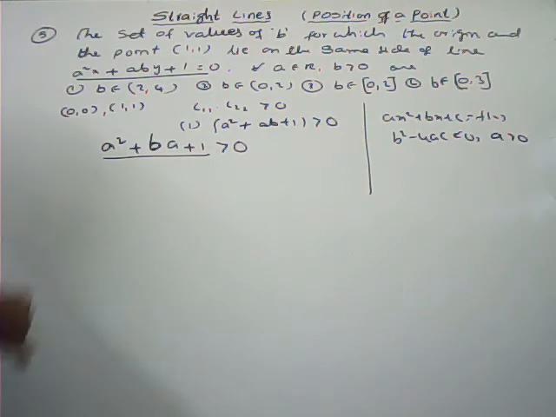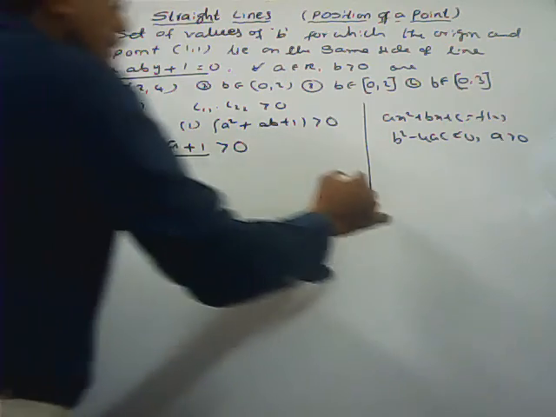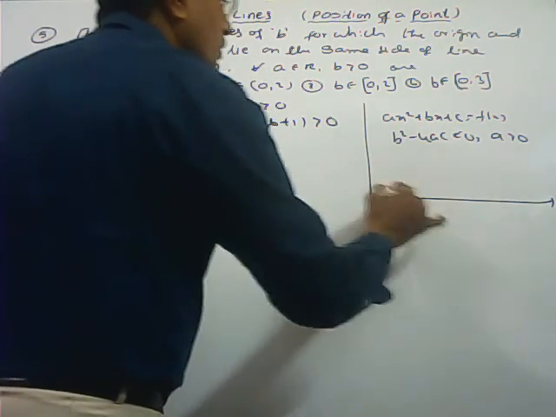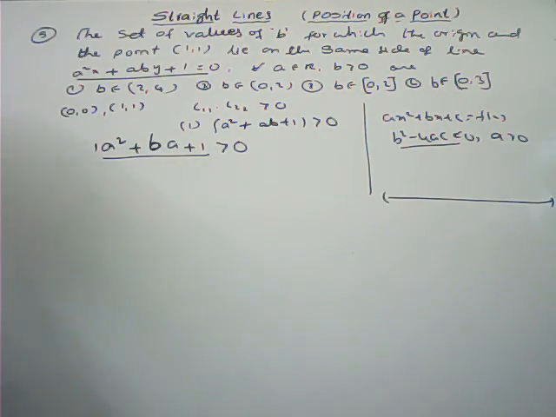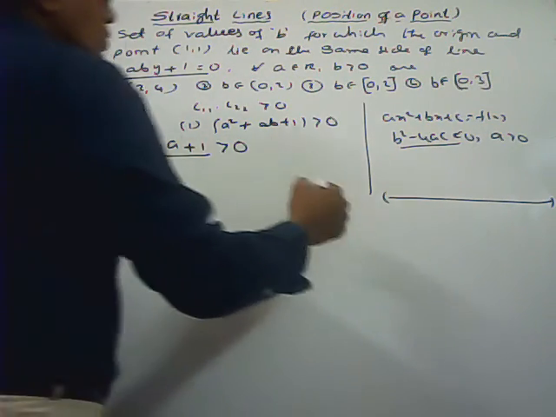Then what about the nature of the curve? B square minus 4ac less than 0 means the curve never touches the x-axis. And a greater than 0, so it depends upon the x square coefficient.